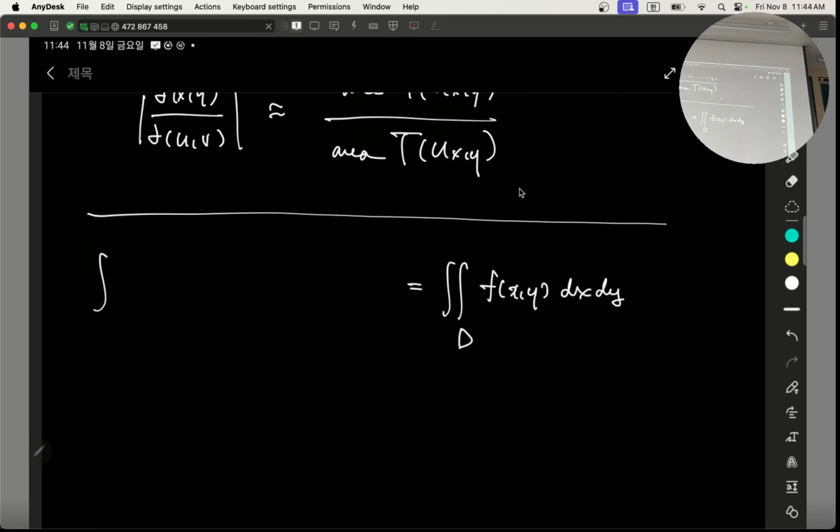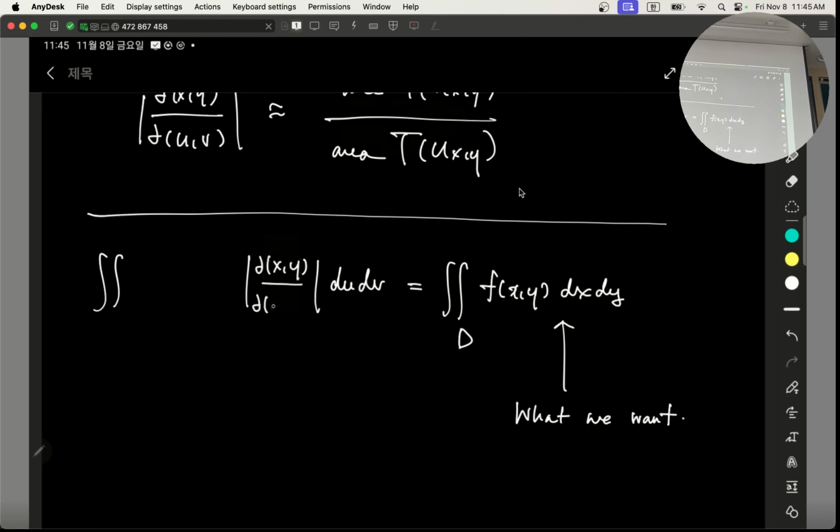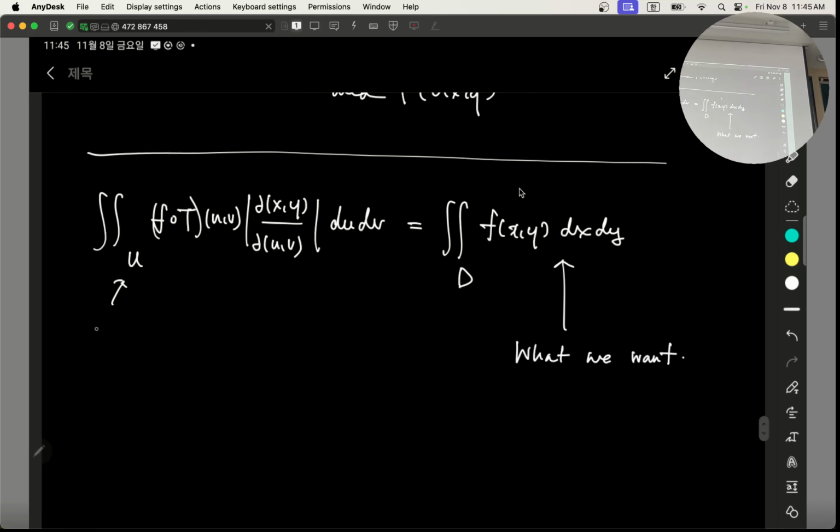The right-hand side is what we want. We are trying to change this integral into another integral by integrating the Jacobian and then the function in terms of u and v over some other region U. So U is here inside of the UV plane.